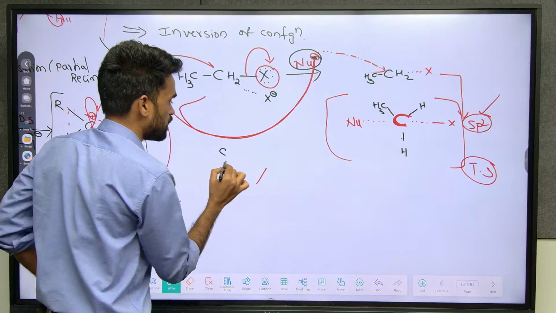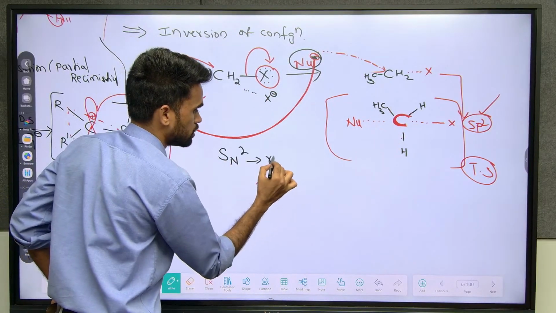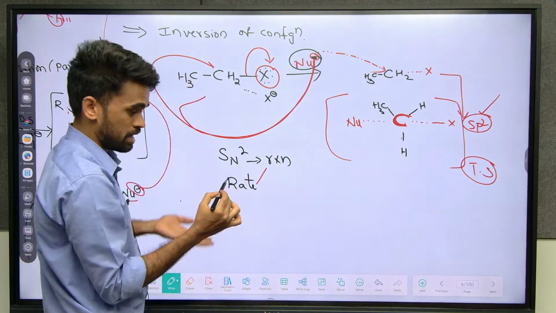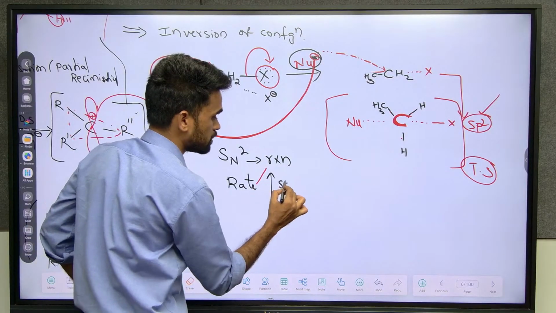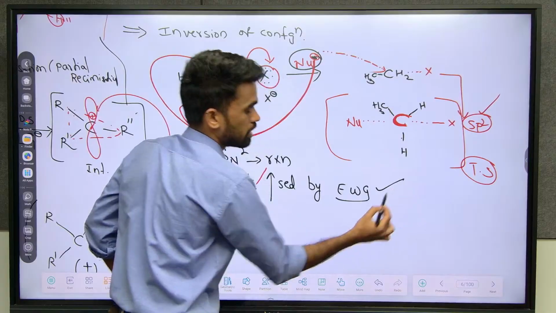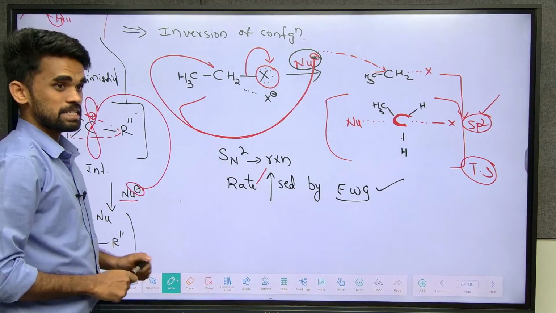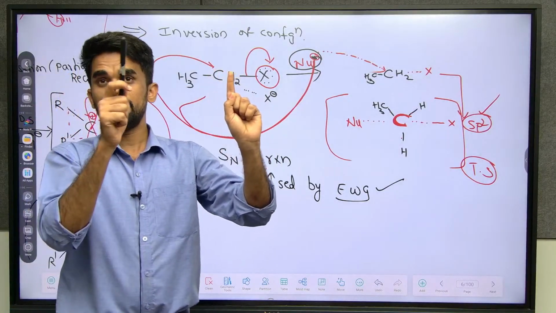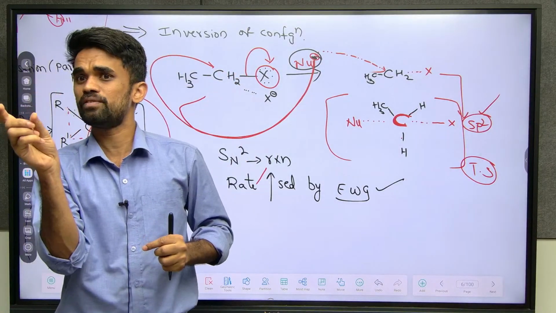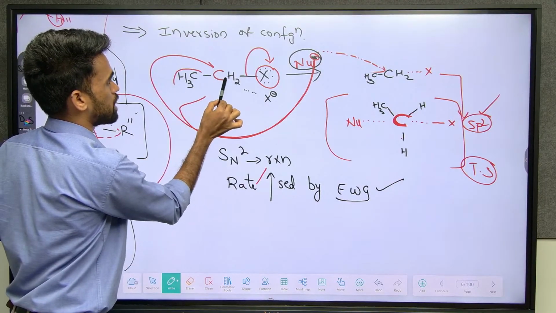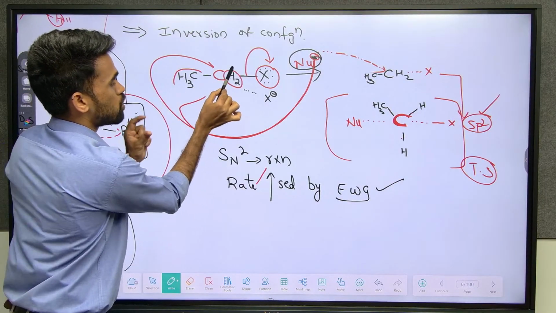So, SN2 reaction rate, it means fast reactivity, is increased by electron withdrawing groups. Clear, everyone? Okay. Next one is, what is that first order you have written? Primary, secondary, tertiary. Sir, why primary first? Because if this group is like this, the carbon is primary carbon, means see, hydrogens are small groups.